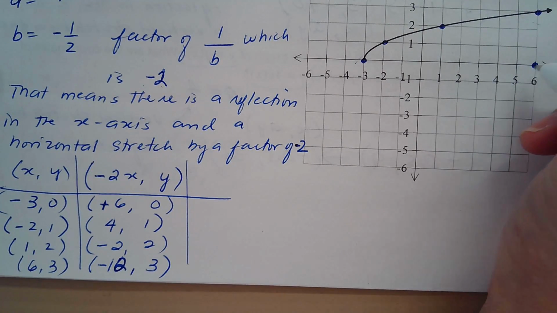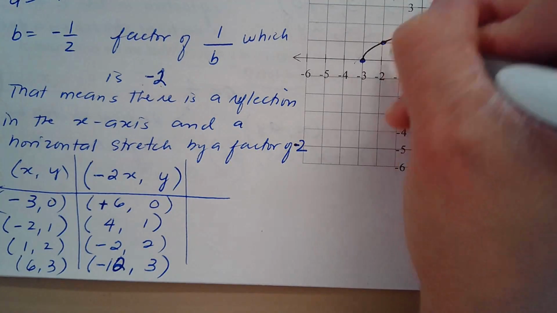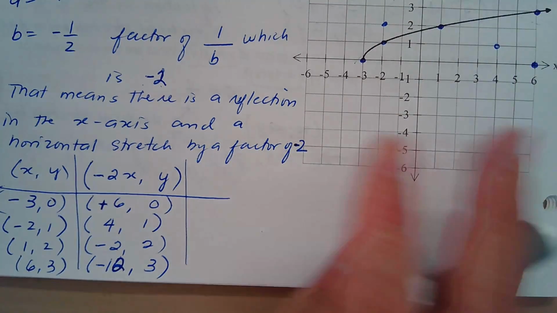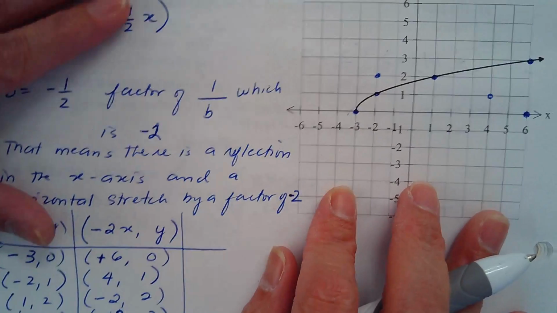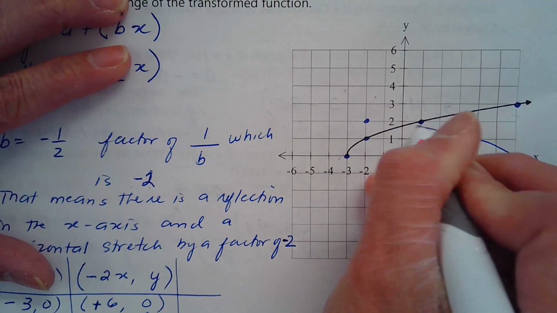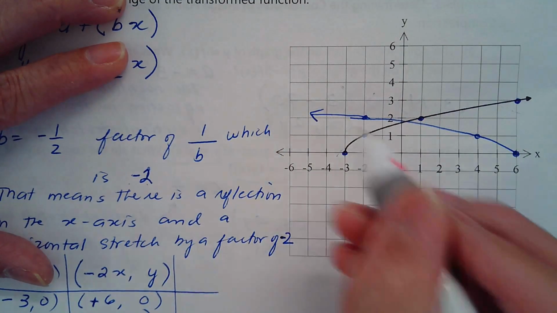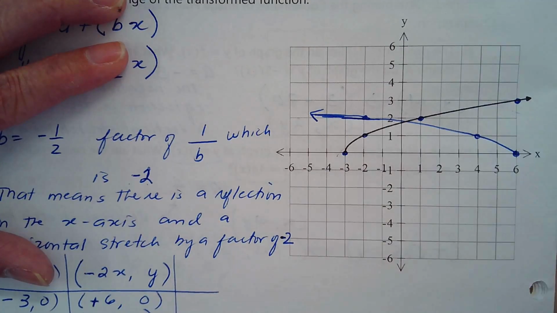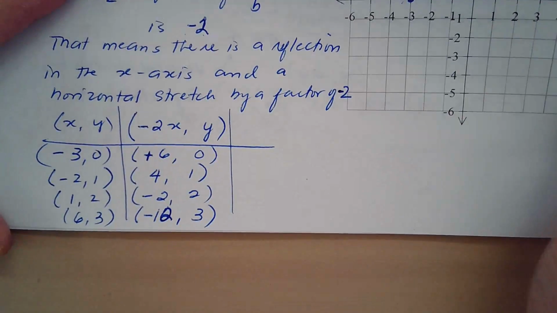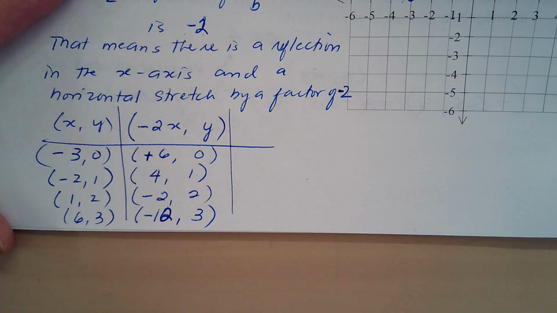That one. 4, 1. -2, 2. And then the other one is kind of over my graph. So every x is multiplied by -2, the y is staying the same.